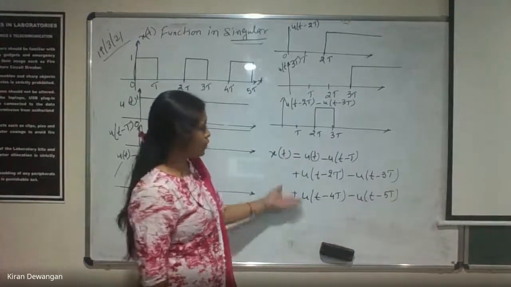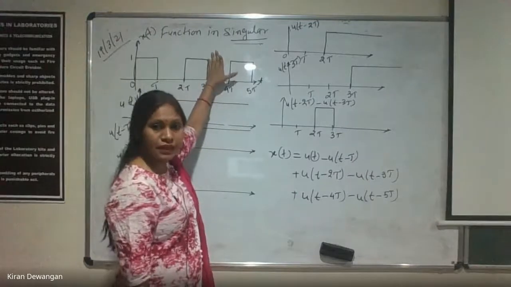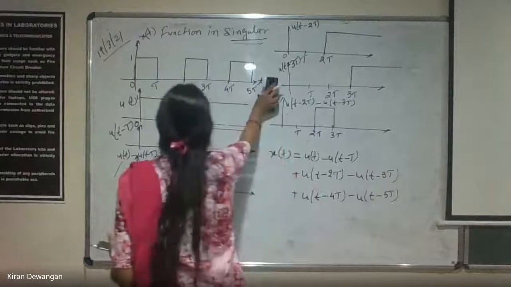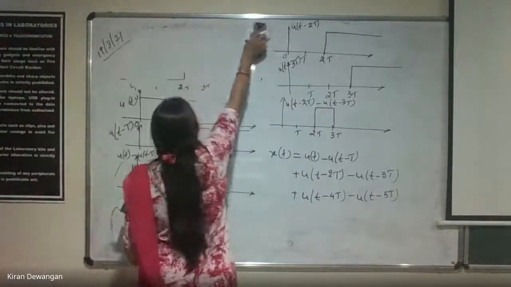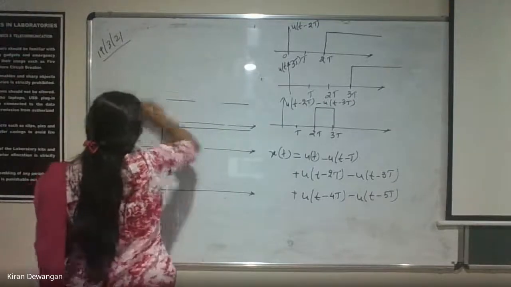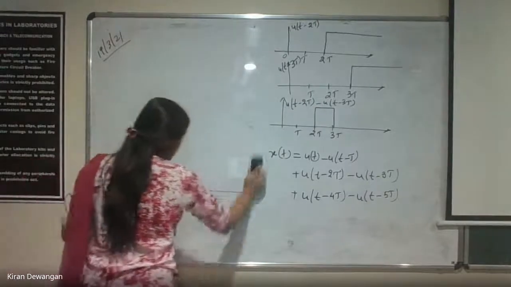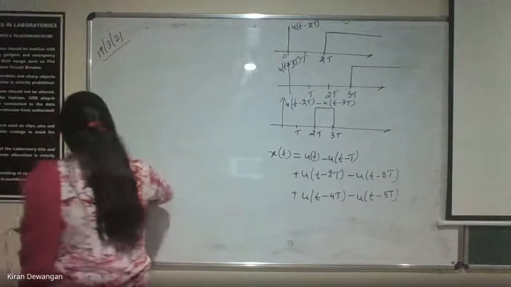So that is how we can express any function in terms of u(t), r(t), delta(t), and we have a few more functions which are the singular functions. इतना टफ नहीं आता है क्वेश्चंस, इजी ही आता है. ठीक है?